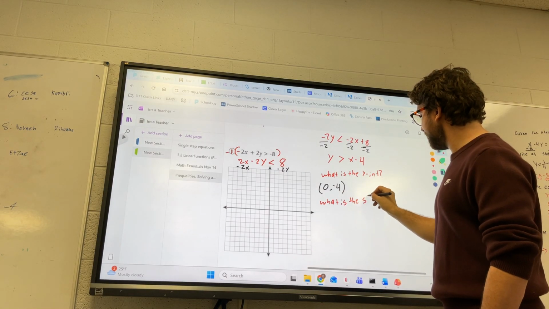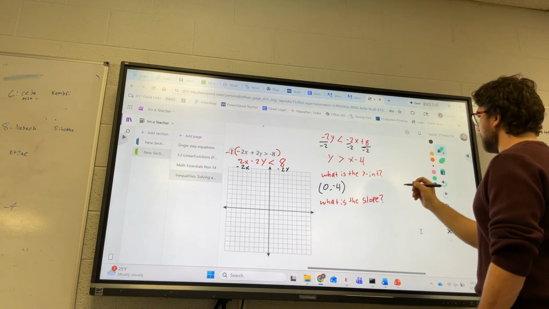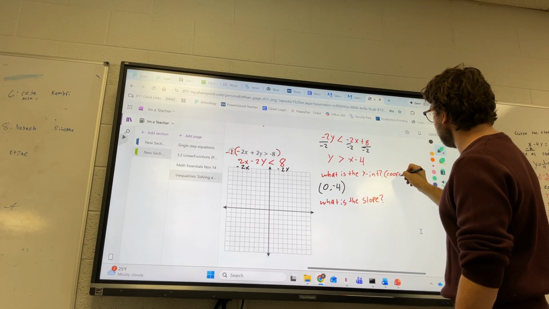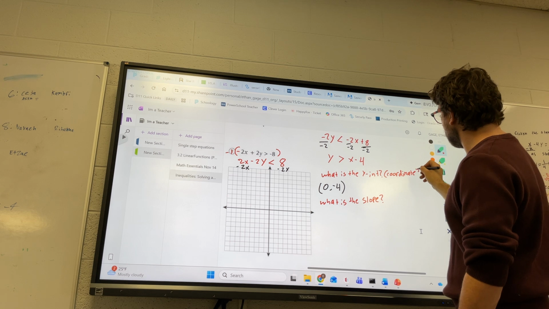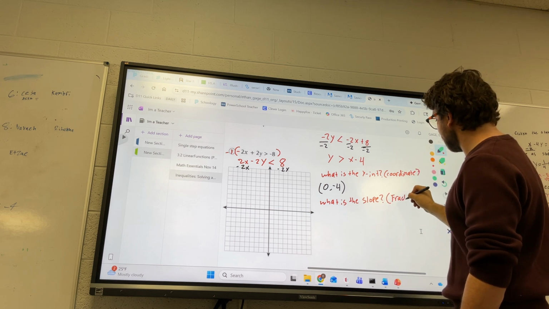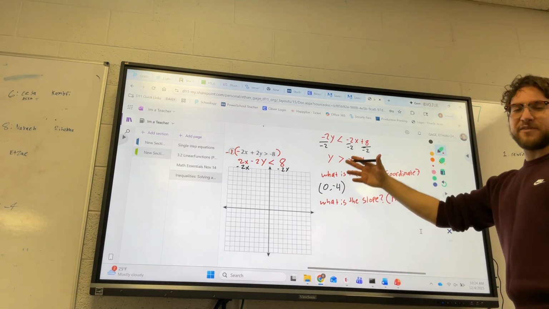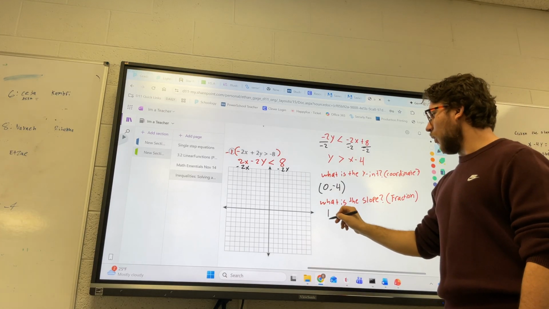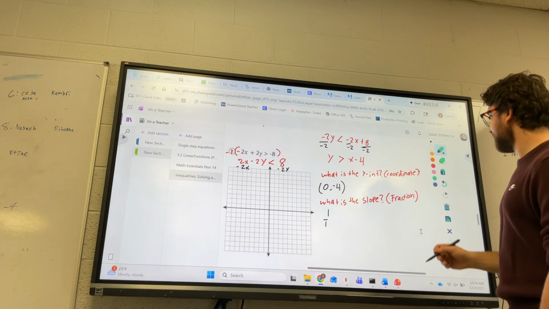What is the slope? For this, I want it written as a fraction. We just have an x, which means there is an invisible 1 in front of it. So it is 1 over 1.